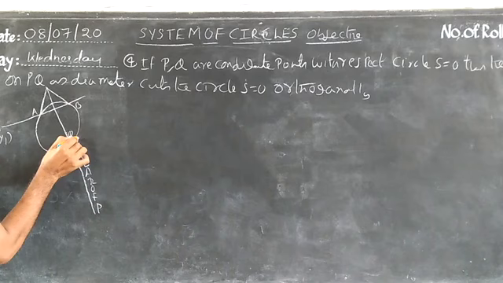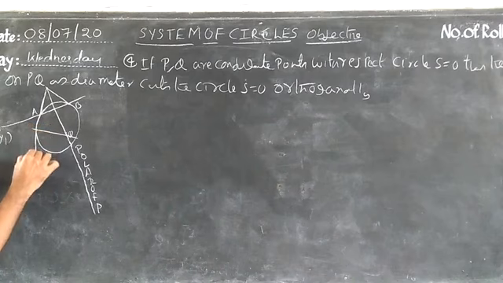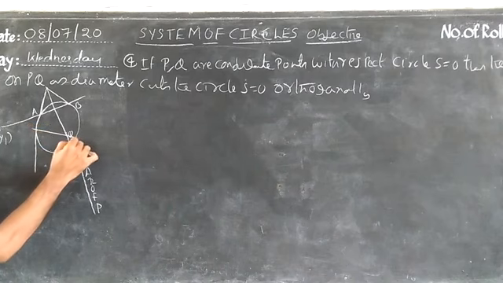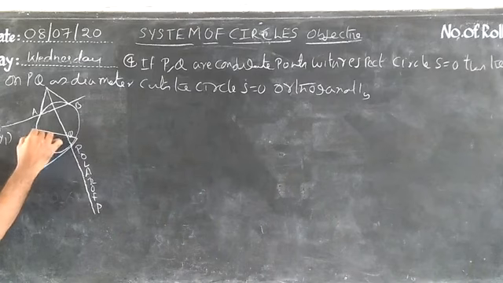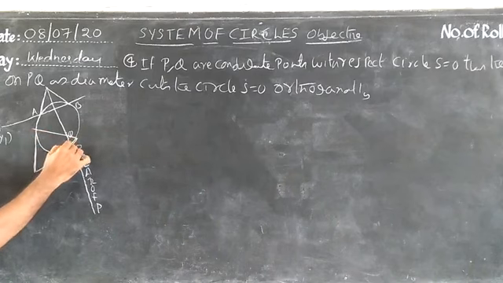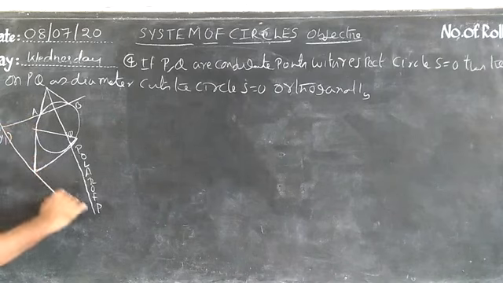Then draw a secant line to intersect the circle in two distinct points. The tangents drawn at the extremities of that chord meet at a point, and the locus is called the polar. Draw like this. This is the polar of Q.